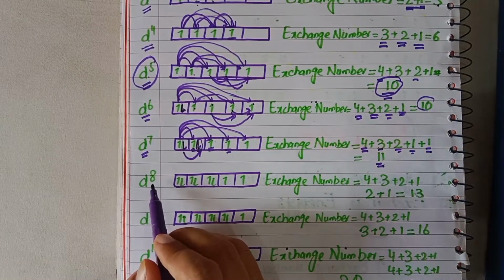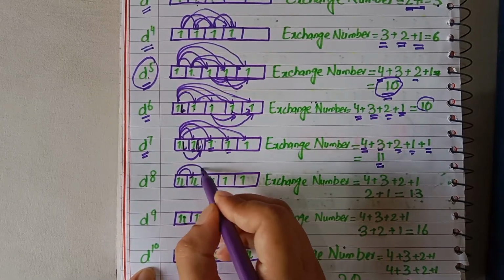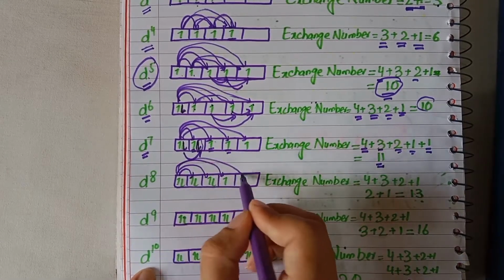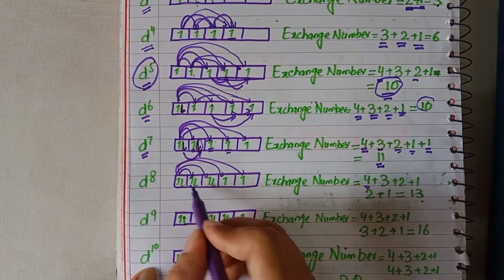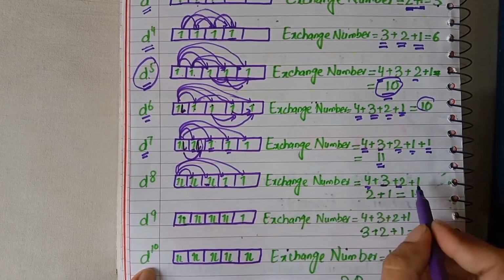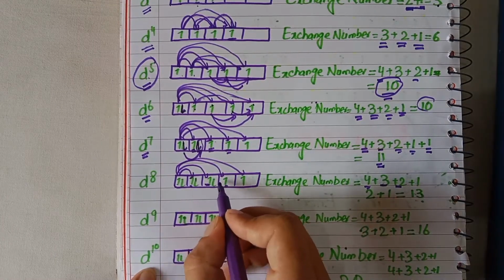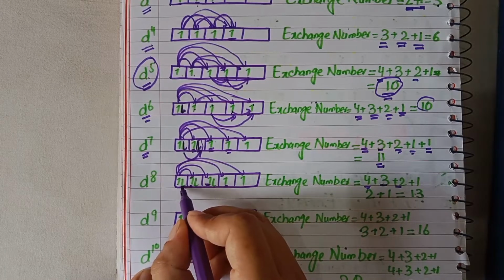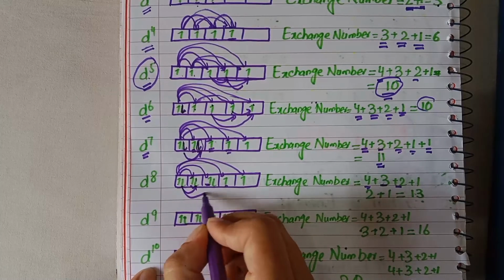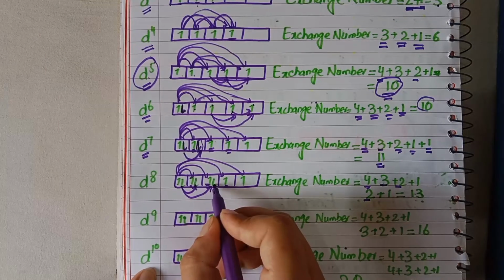Similarly, in the d8 state the exchange number for this electron is 1, 2, 3 and 4. Similarly for this electron it is 3, for this electron 2 and for this electron 1. Now here we can see that 3 electrons with opposite spins are also present. It means that the exchange number for this electron is 1 and 2, and for this electron is 1.